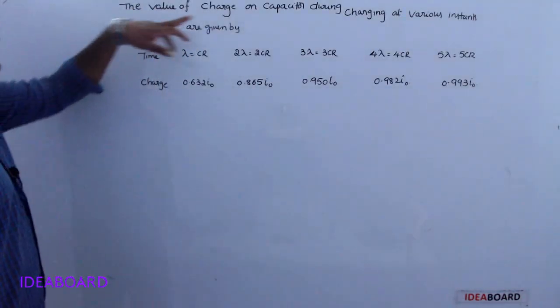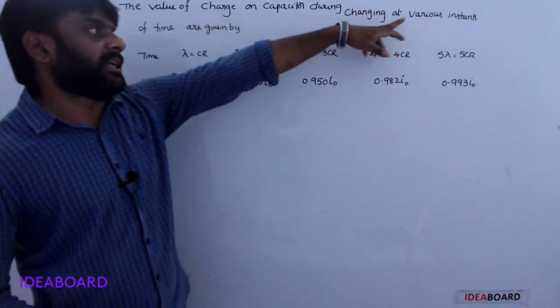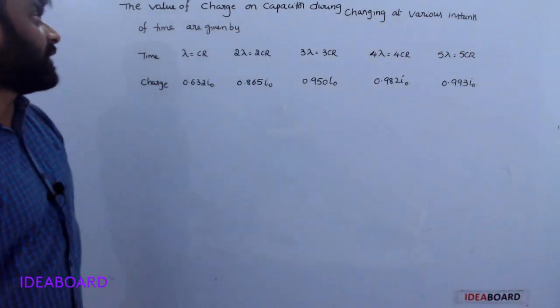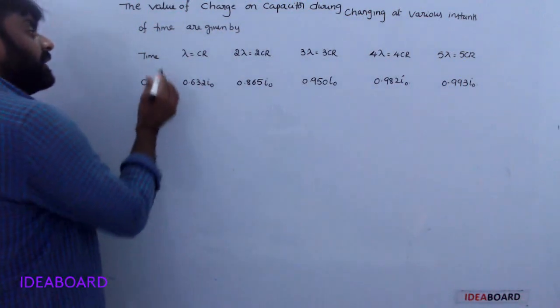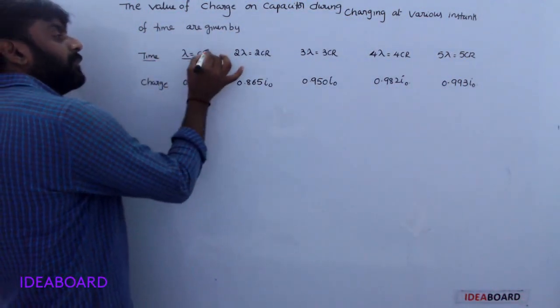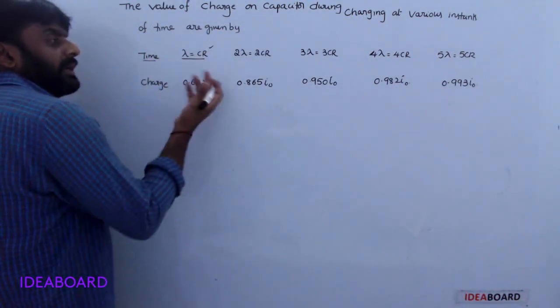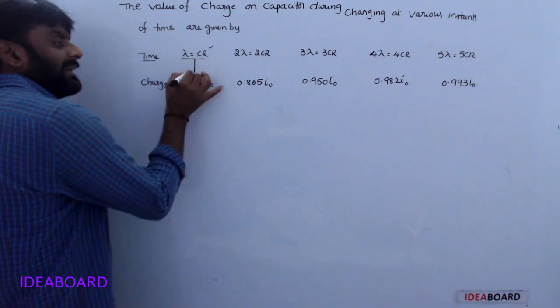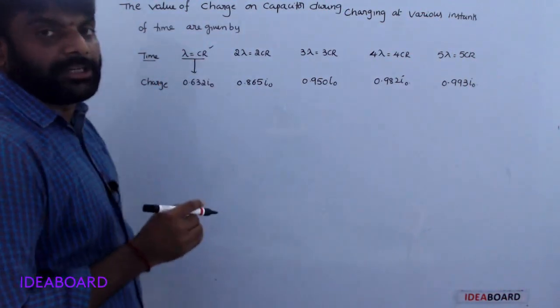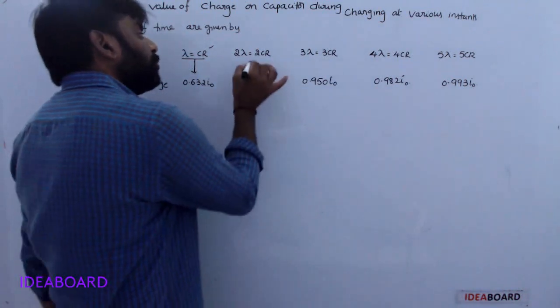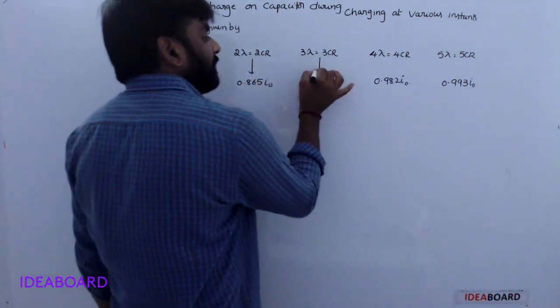See here, the value of charge on the capacitor during charging at various instants of time are given by this table. For example, at one time constant, it reached 0.632 of Q naught. Then two time constants, three, four, five time constants.